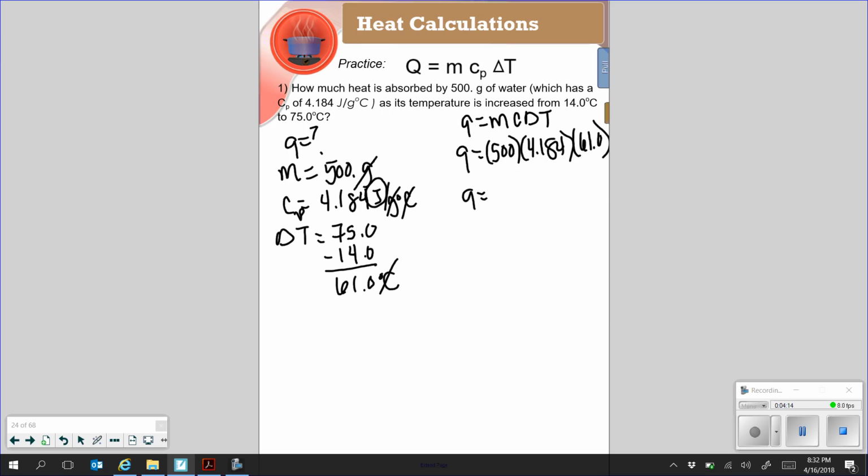So I'm going to go ahead and multiply across, and I get Q is a positive 127,612 joules of energy. That's a positive number, so heat is absorbed, which should make sense for this problem. I need 3 significant digits in my answer, so Q is going to end up being a value of 128 joules of energy.